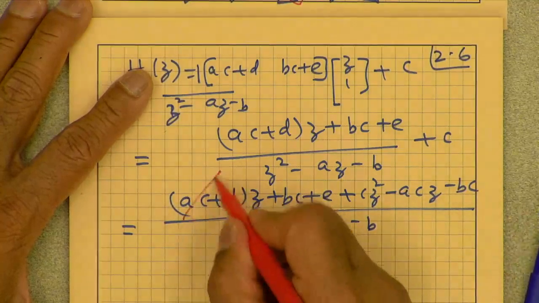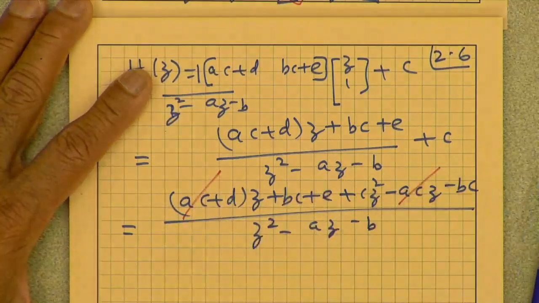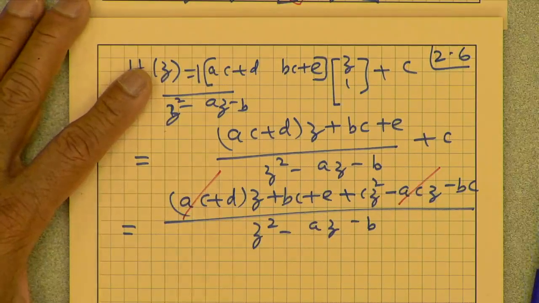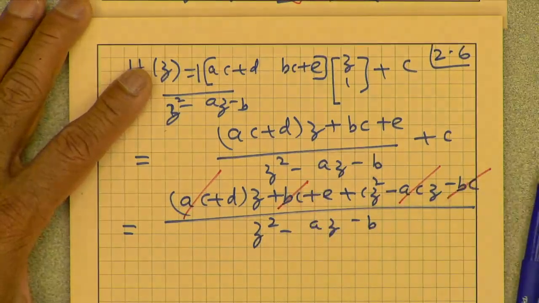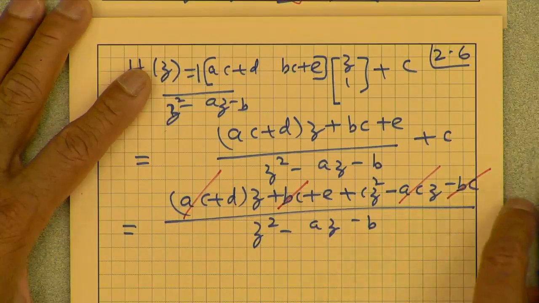Minus ACz cancels out with plus ACz, and minus BC cancels out with plus BC.